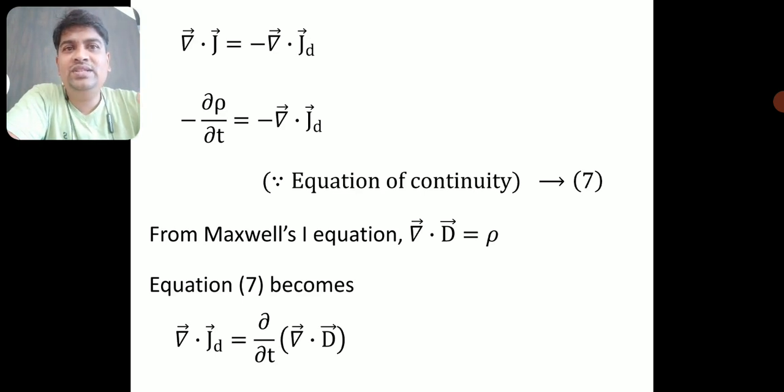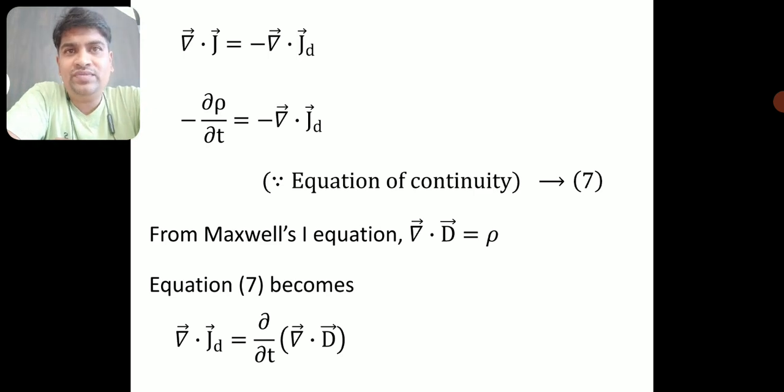From the equation of continuity, divergence of J is minus ∂ρ/∂t, which is equal to minus divergence of JD. Therefore, this is equation 7. So we have substituted the equation of continuity and we have got this equation.